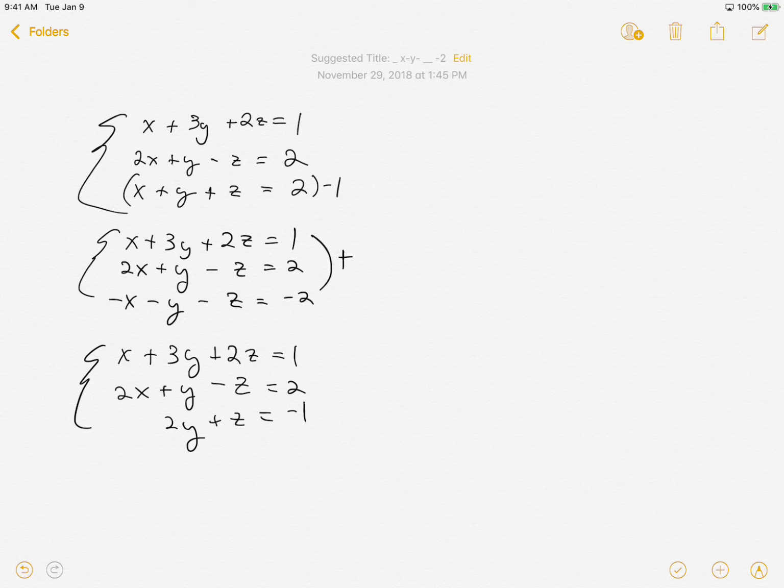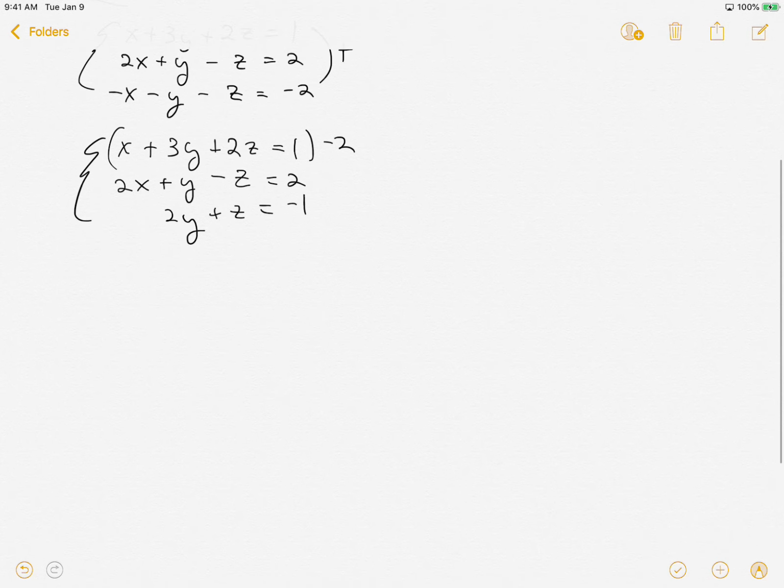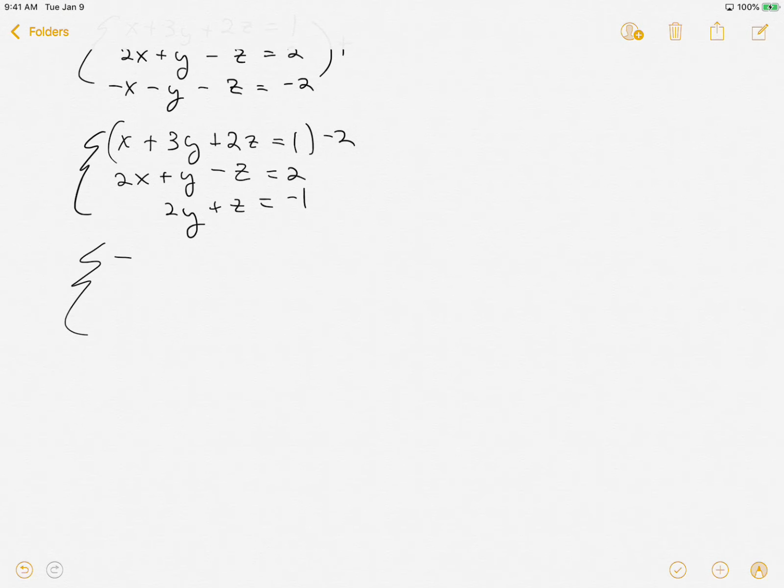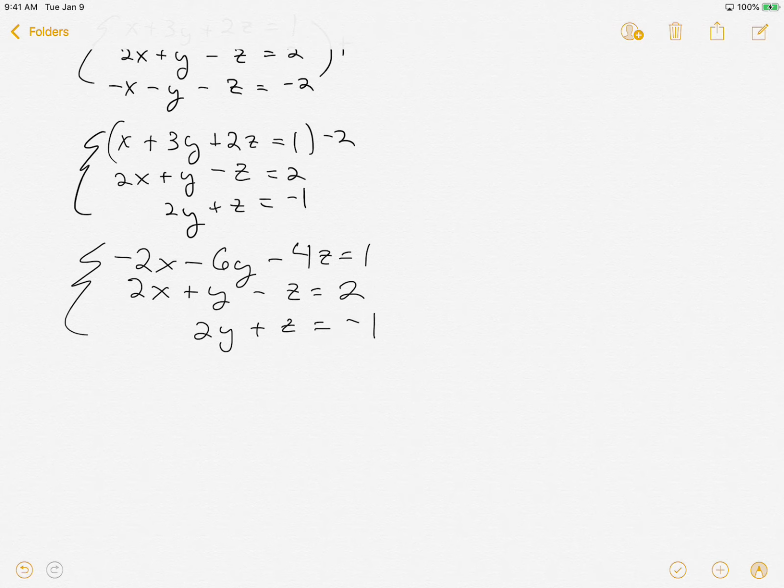Okay, then I'm going to get rid of the 2x on the second equation, so I'll need to multiply the top one by -2. So I get -2x minus 6y minus 4z equals 1. Bottom equation doesn't change. Adding those two.